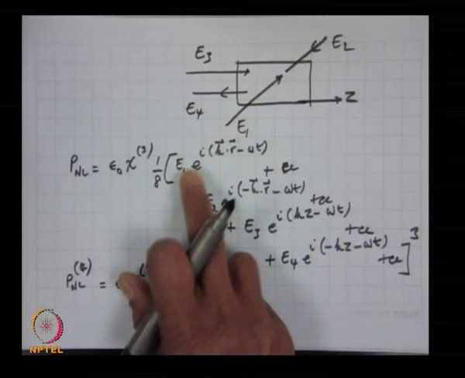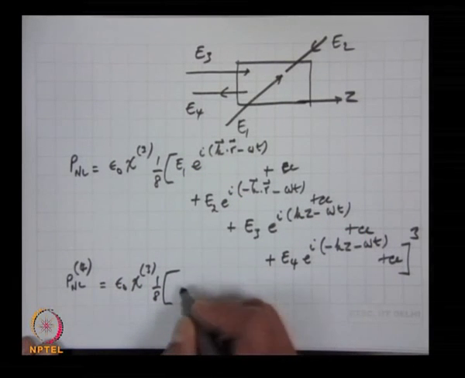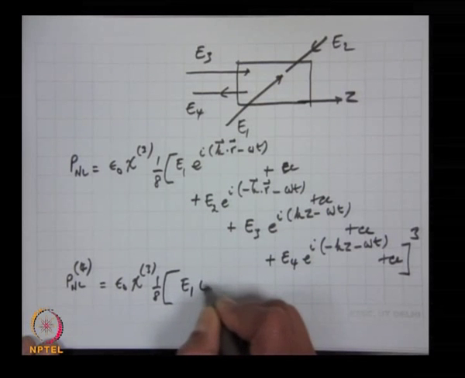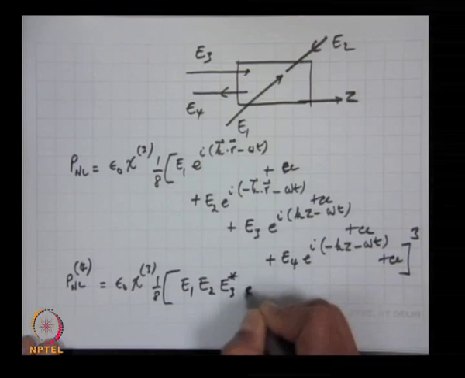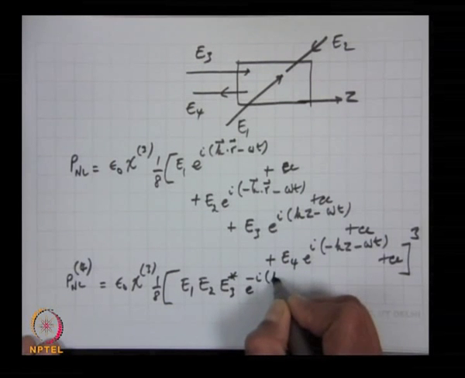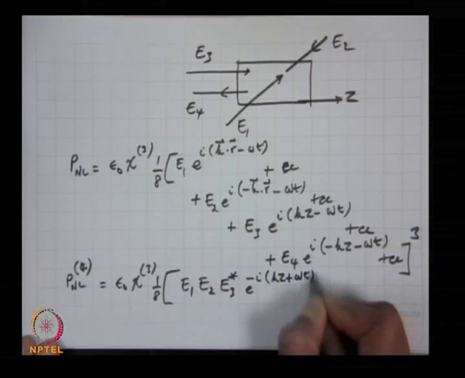So if I multiply this term and the complex conjugate of this term, I will have E1, E2, E3 star into exponential of (minus i kz plus i omega t) plus complex conjugate.